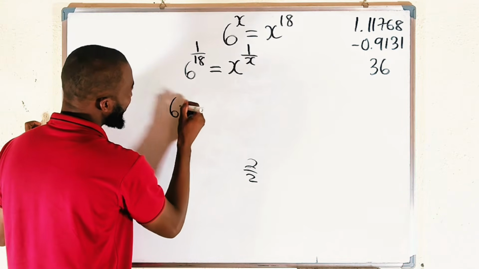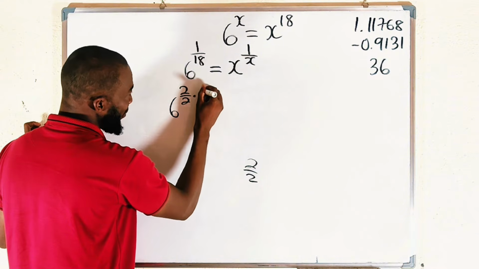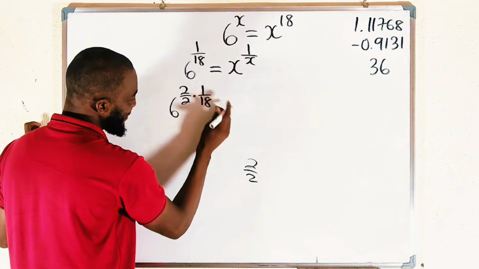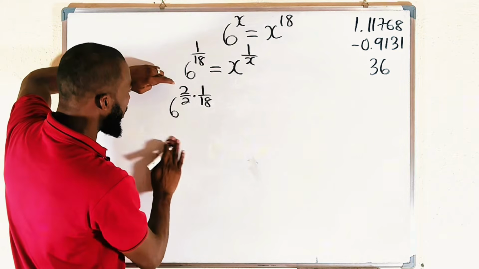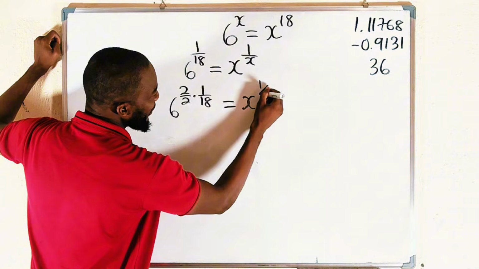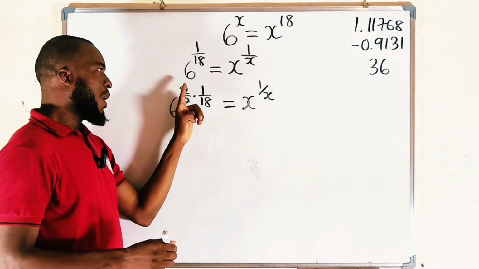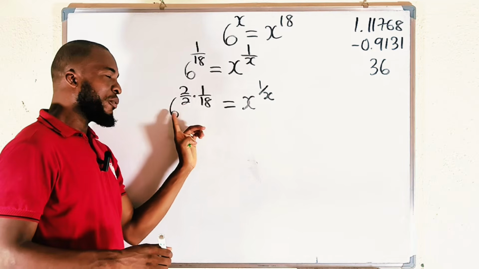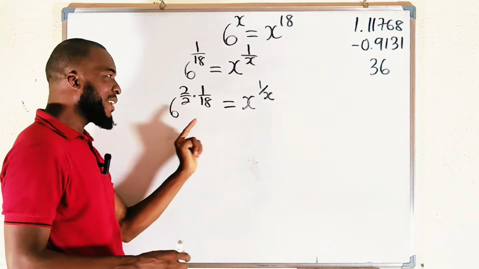So if you have 6 raised to the power of 2 divided by 2, which is 1, times 1 over 18, this is equal to, on the other side, x to the power of 1 over x. So here, I'm going to take 2 and raise it onto 6 and take 1 over 2 and multiply by 1 over 18.